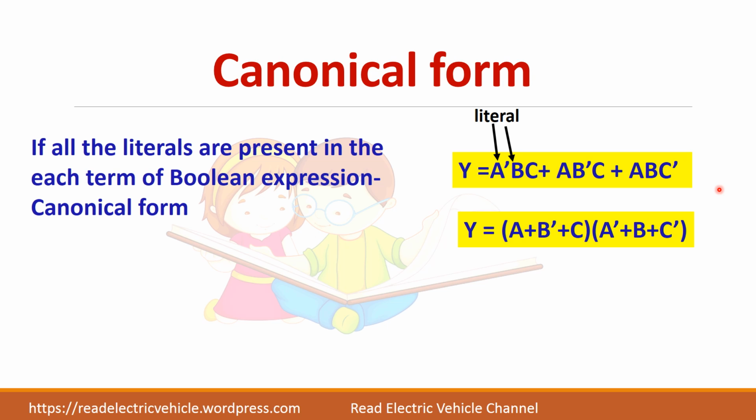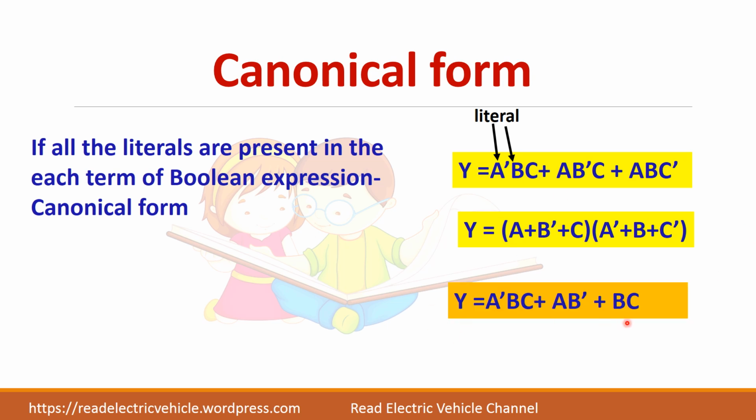In each term, if you have all the literals, we call it canonical form. You see this function, here also we have 3 variables, so it is said to be canonical form. Normally when we write in terms of Minterms and Maxterms, it will always be in canonical form.